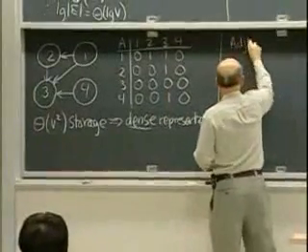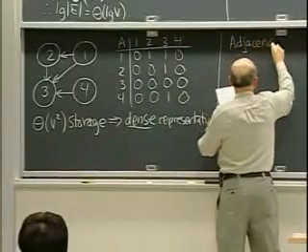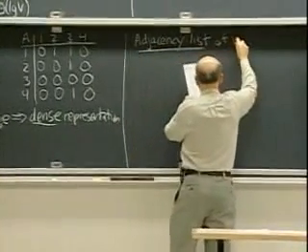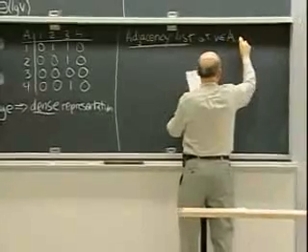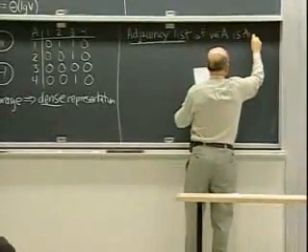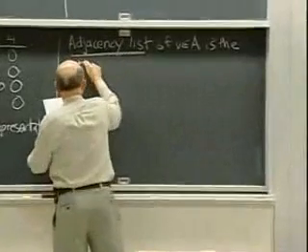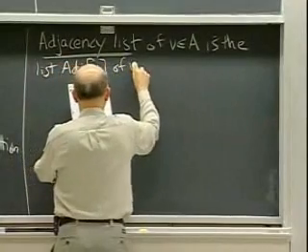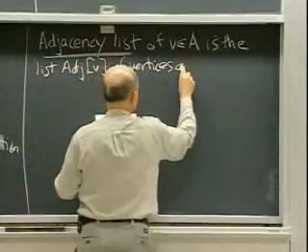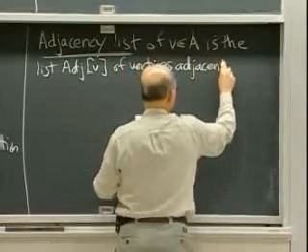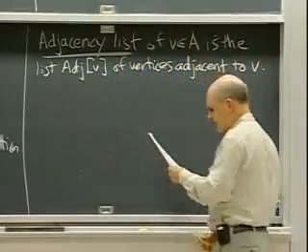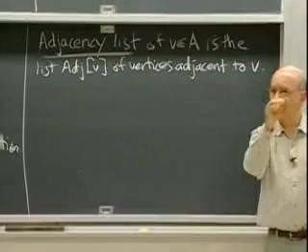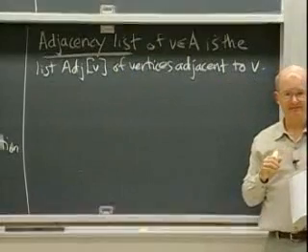So one such representation is an adjacency list representation. The adjacency list of a given vertex is the list, which we denote by ADJ of V, of vertices adjacent to V. Just in terms of their terminology, vertices are adjacent, but edges are incident on vertices.